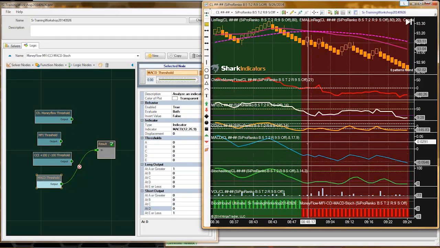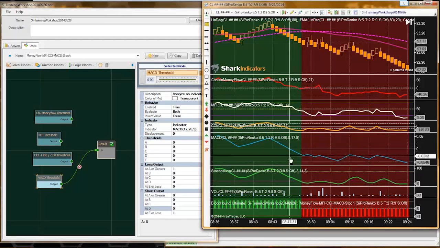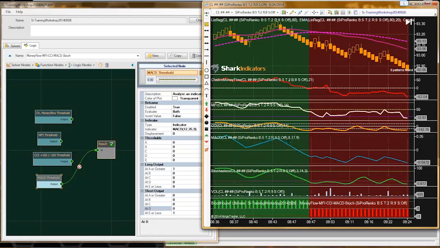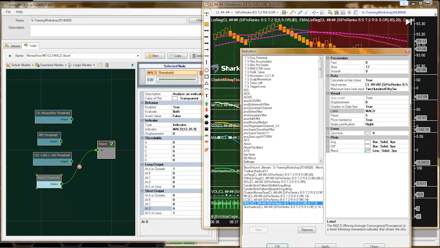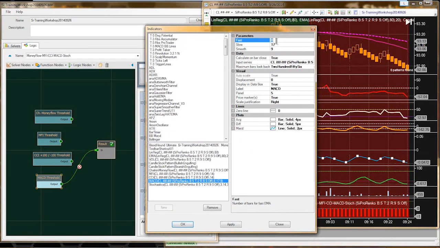So here's our MACD, like so, and oh, look, the settings on the chart are actually different. It's 8, 17, and 9, but the default is actually 12, 26, and 9. So let me change this back to 12, 26, and I'm going to set this as a default here.